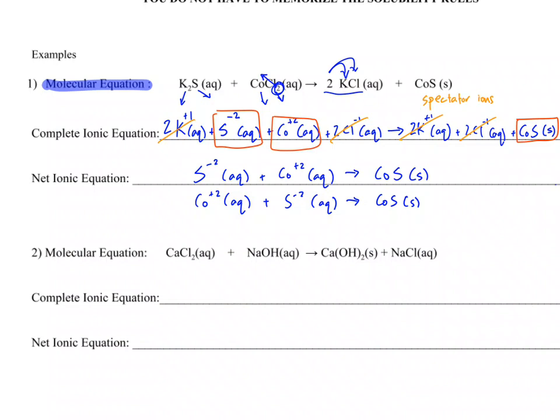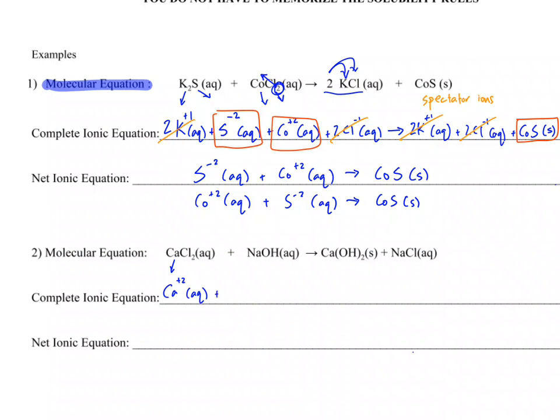So the first thing I need to do is dissociate my compounds. I'm going to break them apart into ions. So starting with calcium chloride, calcium is going to be broken down into Ca +2, and it's aqueous.